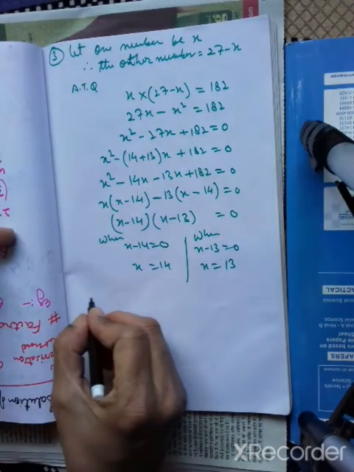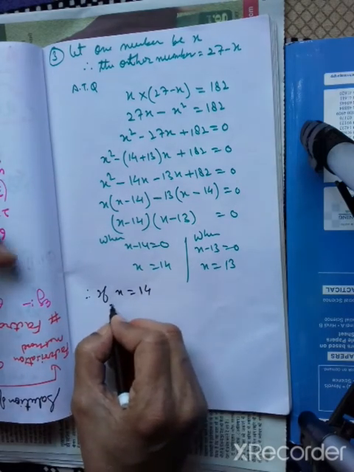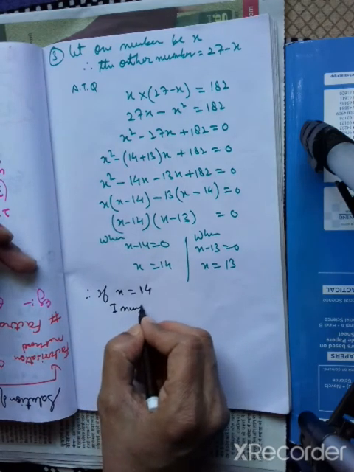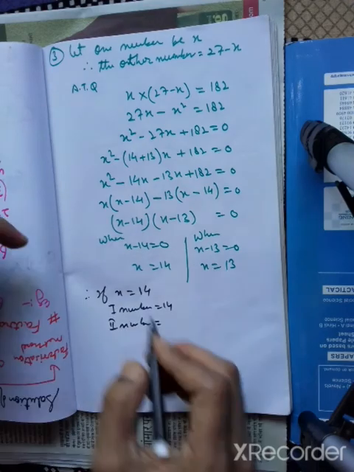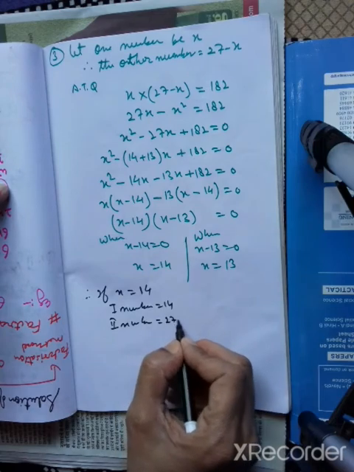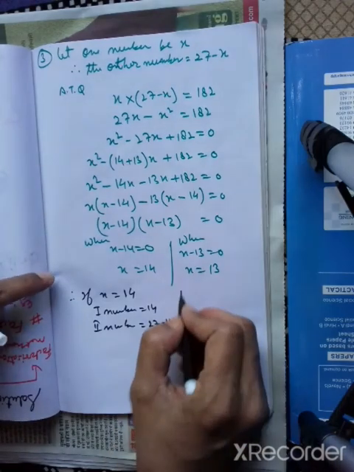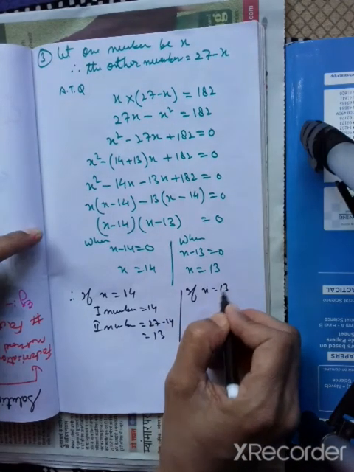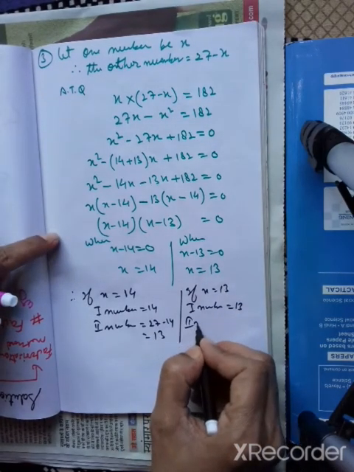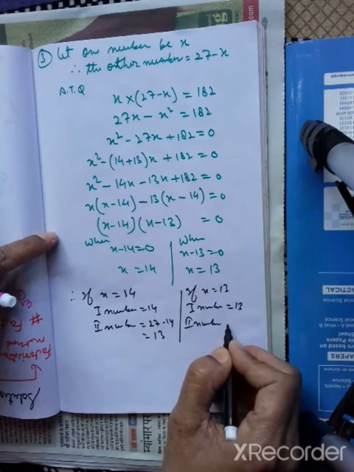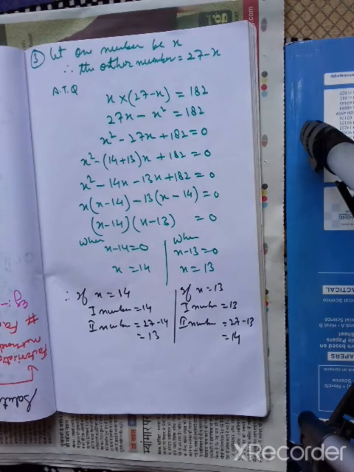Therefore, if x is 14, first number will be 14 and the second number will be 27 minus x, 27 minus 14, that is 13. And if x is 13, first number will be 13 and second number will be 27 minus 13, that is 14. Right?